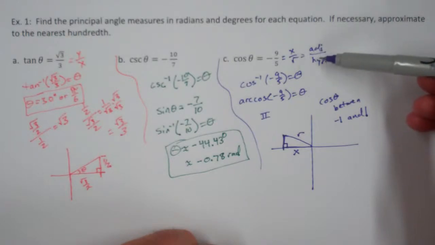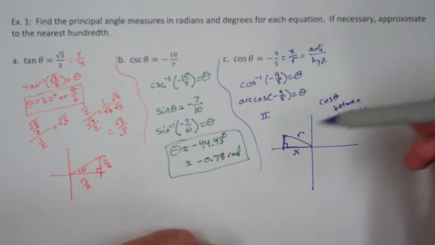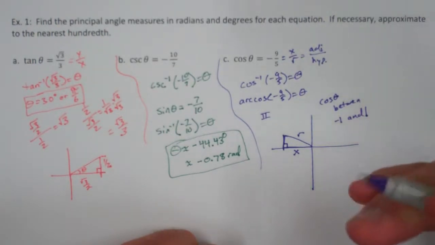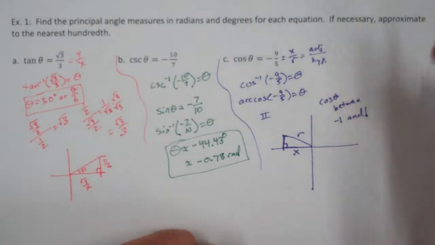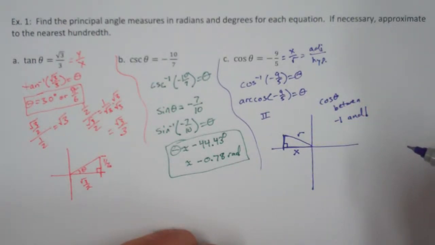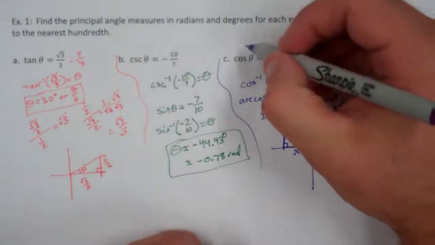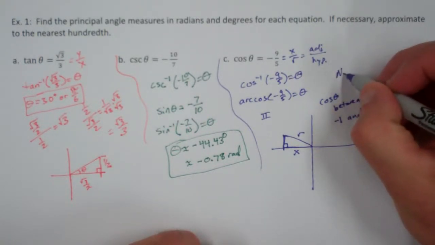So we're going to have a smaller number over a relatively larger number, and there's no situation here that will get us to something more than 1. The numerator is always smaller than the denominator, so in that case we will not have any value that is bigger than 1 or less than negative 1. We could say that this one is undefined or no solution.